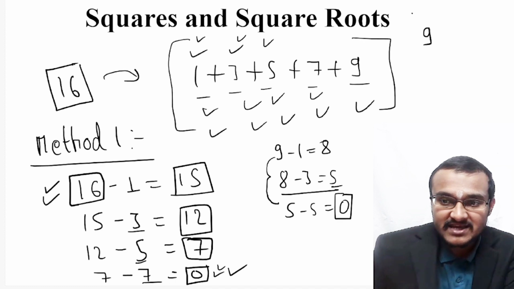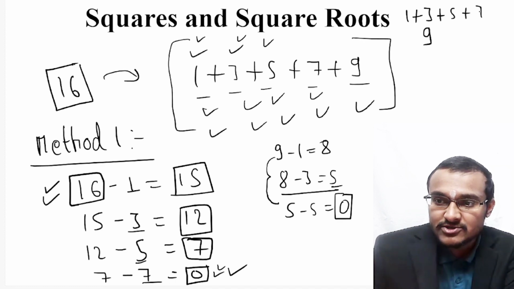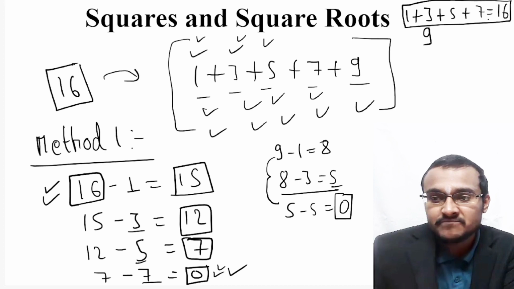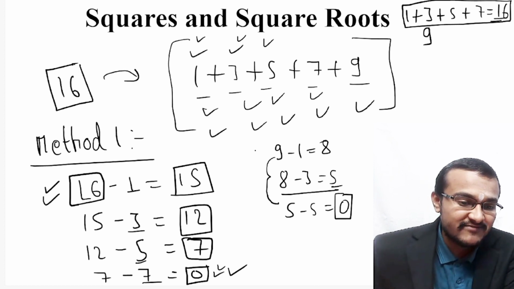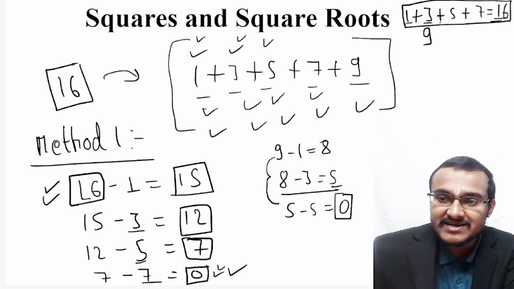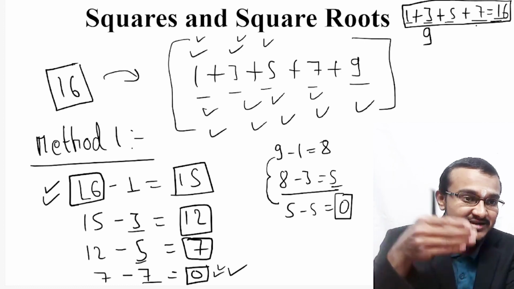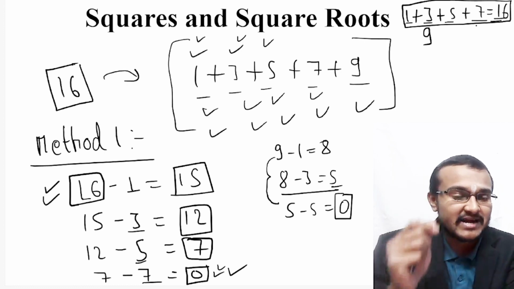Here you can also see that when you add 1 plus 3 plus 5 plus 7, you get 16. That means when you add 4 consecutive odd natural numbers starting from 1, you get the perfect square 16. Similarly, when you subtract these consecutive odd natural numbers from 16, finally you get 0. That many times you are subtracting.